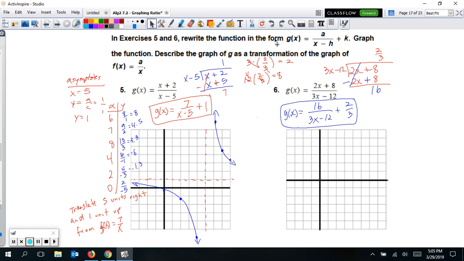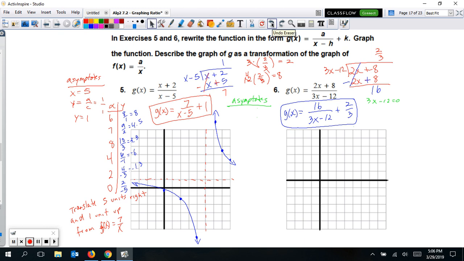And here we can just go off of the h and the k as well, or we can think of it as, we know that to find the h, we're going to have to solve this anyways. So starting with asymptotes here, I'm going to do this one in a green color. So to find the asymptotes, I'm going to have to take 3x minus 12 and set it equal to 0, like I'm doing over here, and solve for x so I could figure out what the h is.